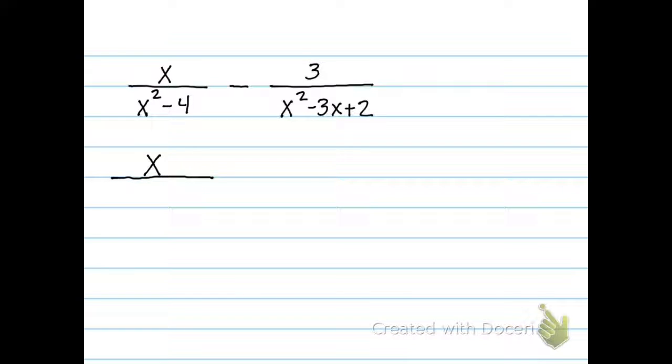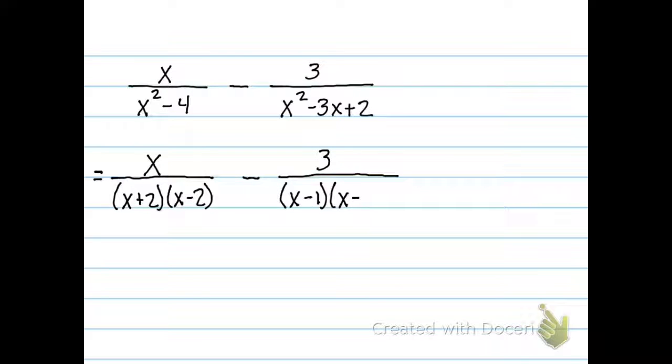Now, x squared minus 4 is the difference of squares, so it's going to factor x plus 2 times x minus 2. Then we have minus, so then the second rational expression, we'll go ahead and write down the numerator 3. Now, x squared minus 3x plus 2, if you factor this, you'll get x minus 1 times x minus 2.